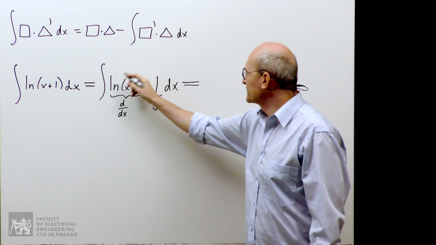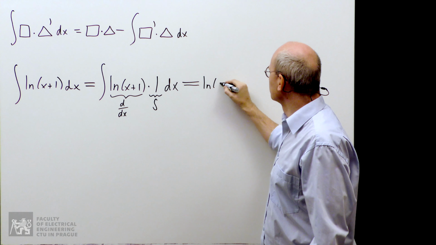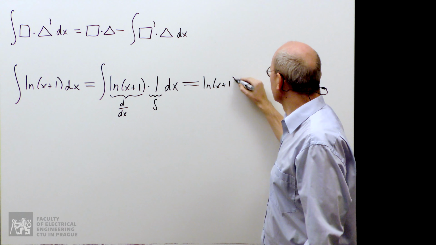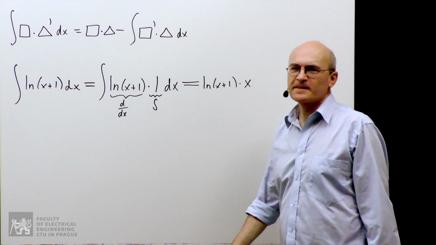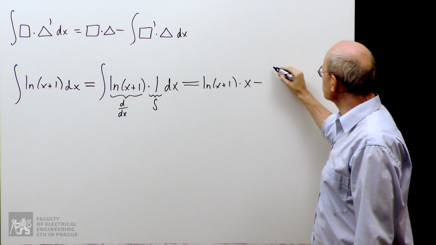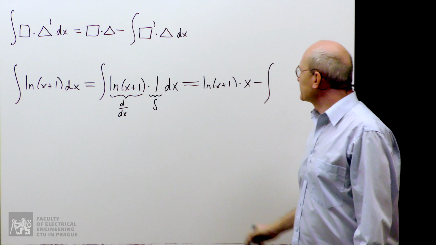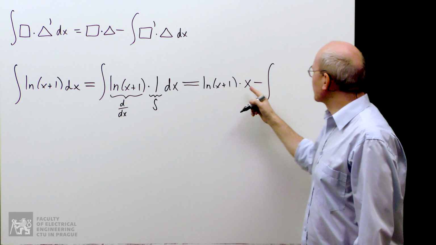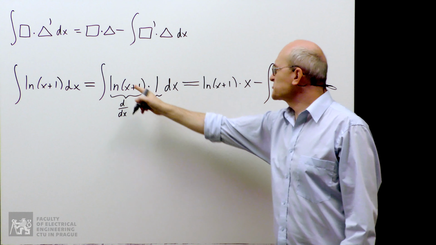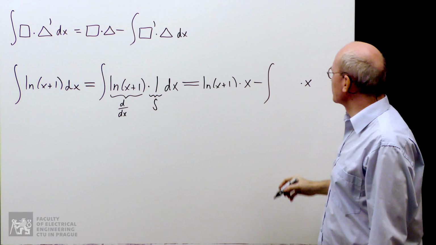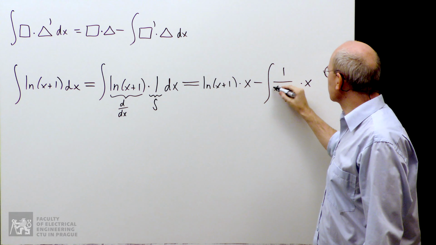So this part is just copied. And this one gets integrated. That's the step up. And now there is minus integral. I'm going to copy the part which went up, which is x. And to balance things out, this one goes down, I differentiate. That's a simple derivative.